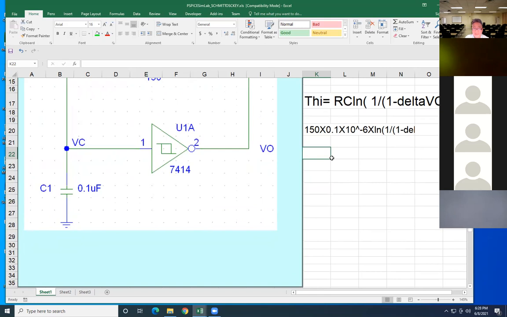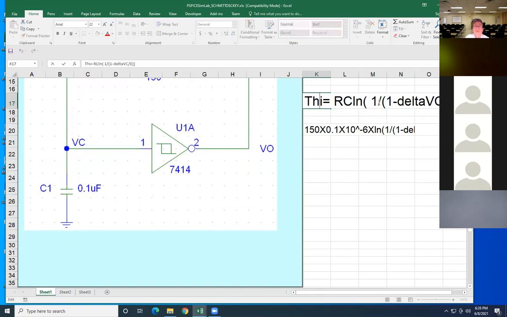Now, can you do it again one more time without the 1 over? Without the 1 over, it will be minus 5.873 times 10 to the minus 6.